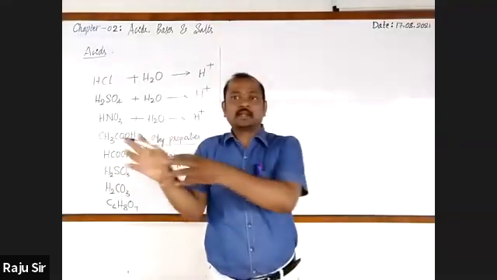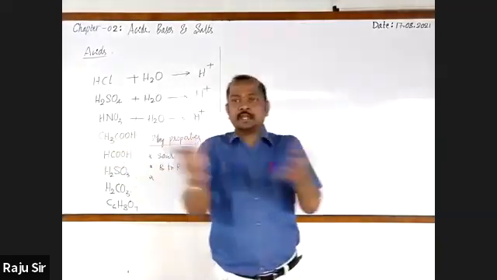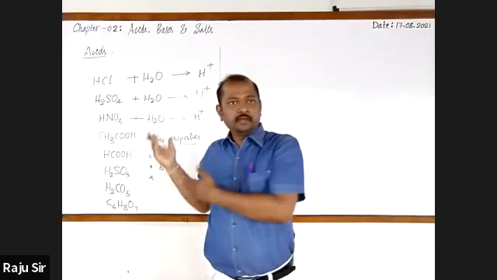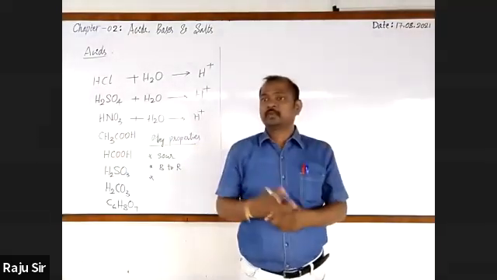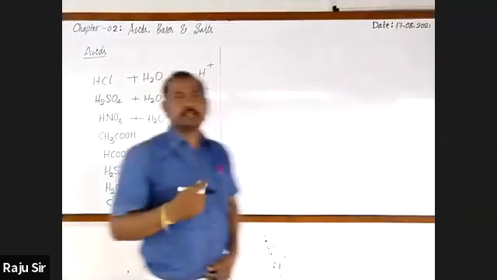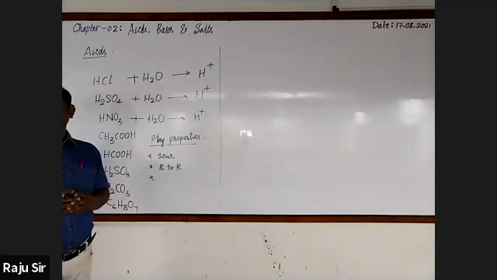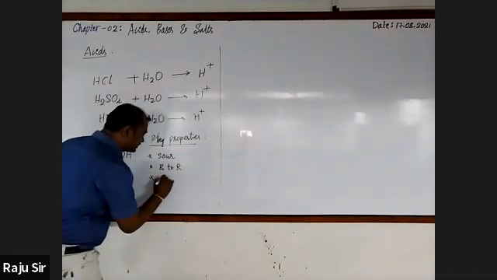Solids that allow electric current to pass through them are conductors, and the liquids which allow it are called electrolytes. All the acids, whether weak acid or strong acid, conduct electricity.